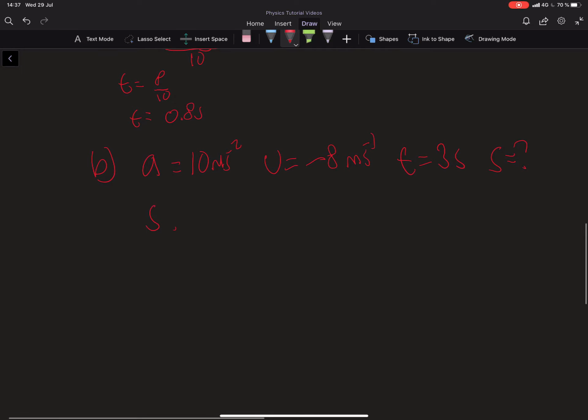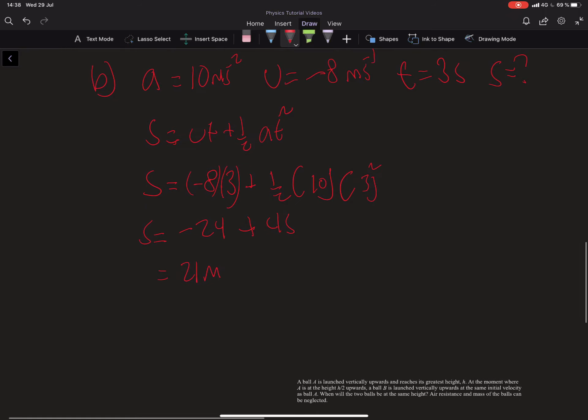From here, we don't have to rearrange in this case because we're looking for s, so we can just put in the values. s is equal to negative 8 times 3 plus 1/2 times 10 times 3 squared, which through some mental arithmetic is negative 24 plus 45, which is equal to 21 meters.